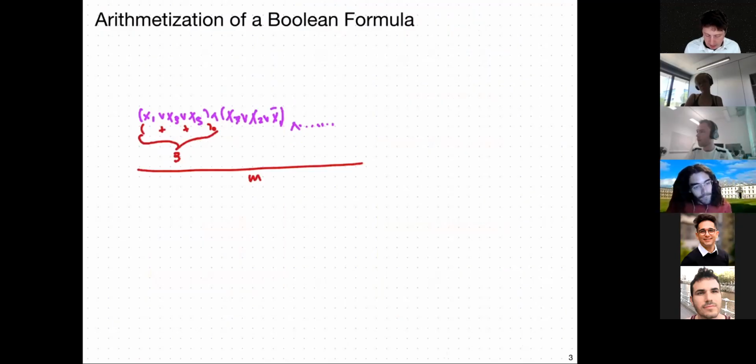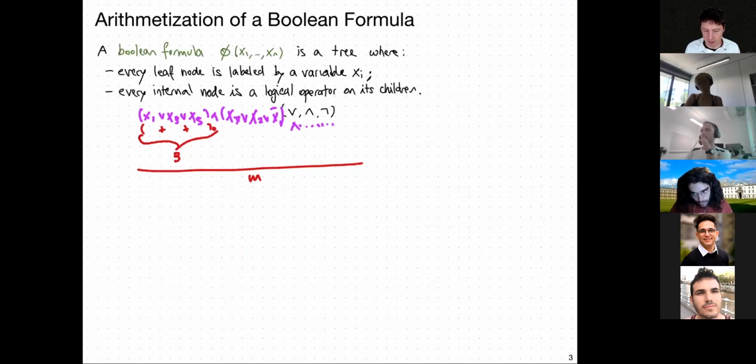So here, if the same variable appears in multiple clauses, which it will, okay? But your definition of a Boolean formula was that you use every variable only once because it is a tree-like, right?